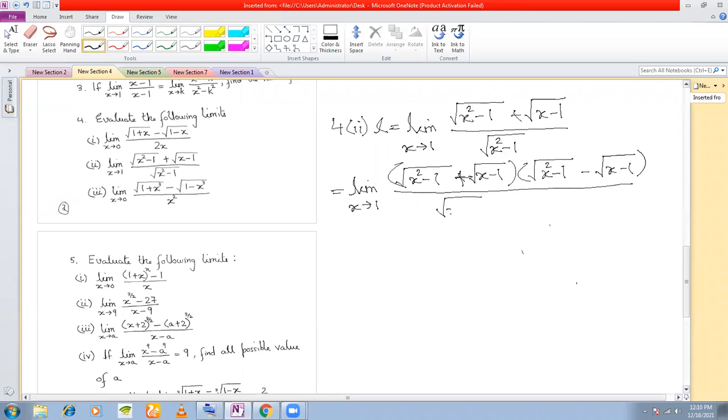So I have root x square minus 1 into root x square minus 1 minus root x minus 1. So I multiplied the numerator and denominator.